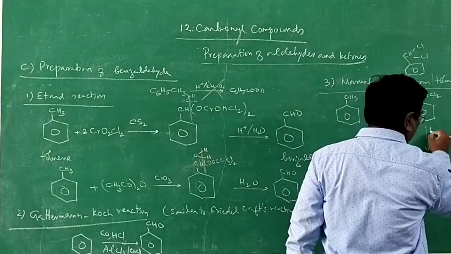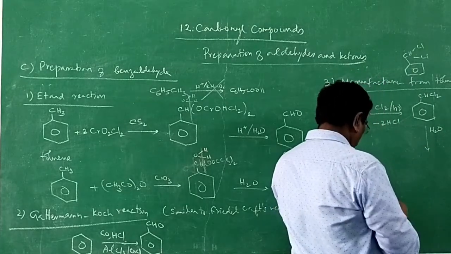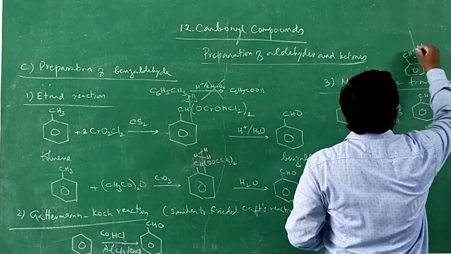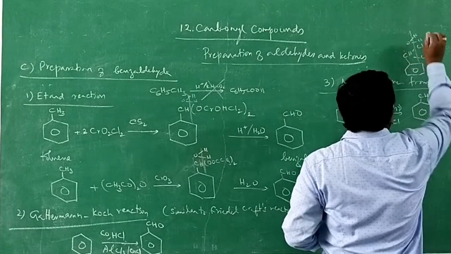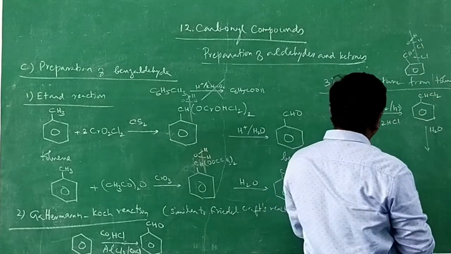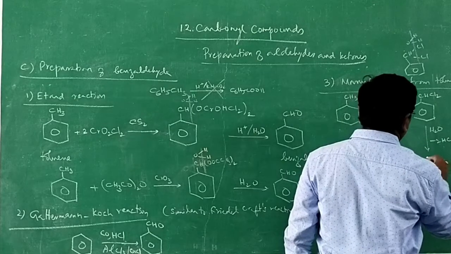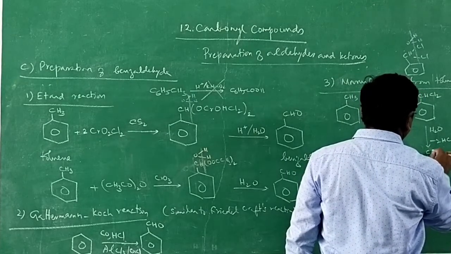When it is hydrolyzed in the presence of acid, what is happening? Cleavage occurs like this: HOH. 2 molecules of HCl will go off, resulting in the formation of benzene ring with CHO here.